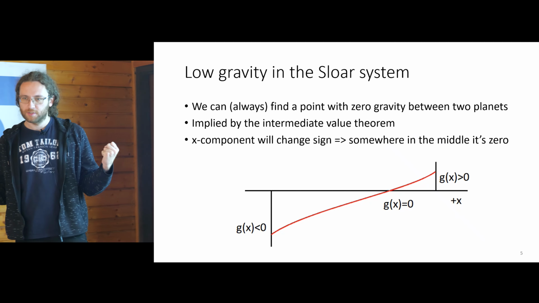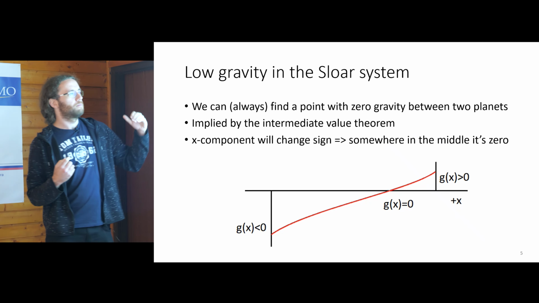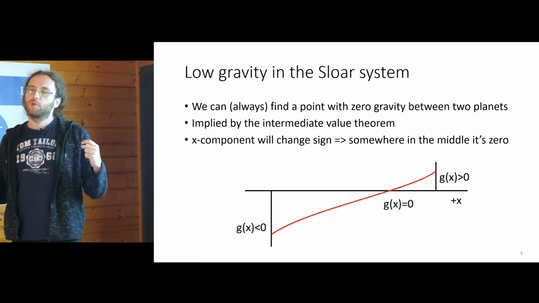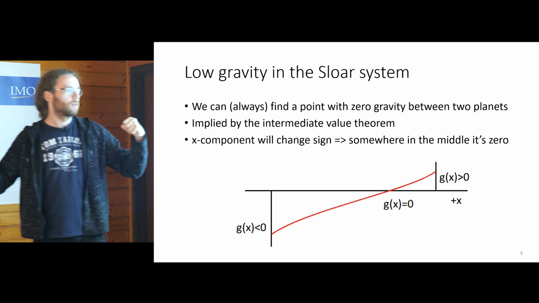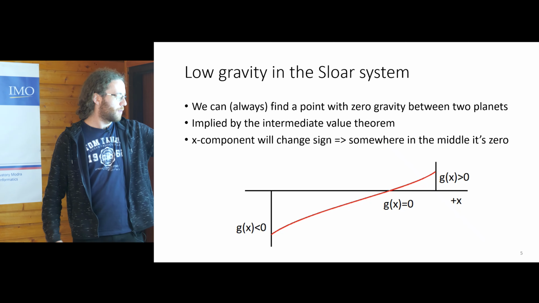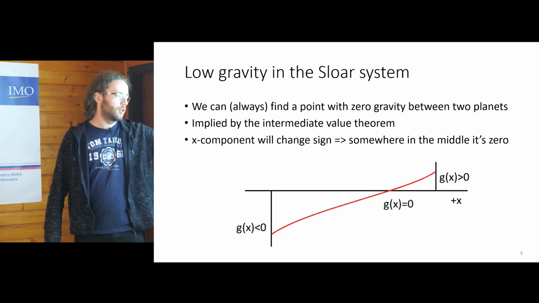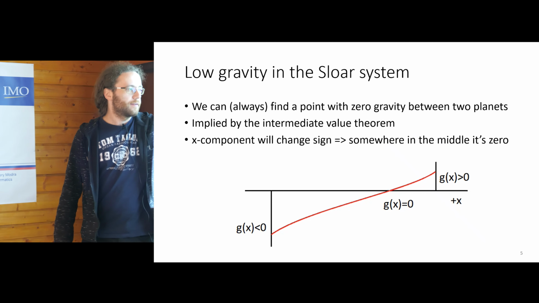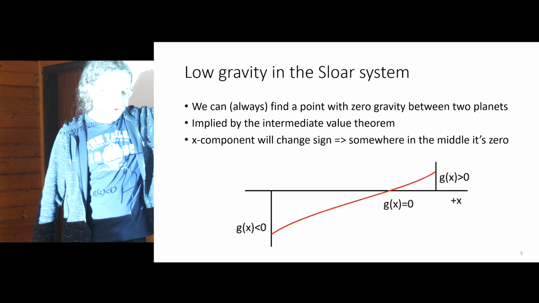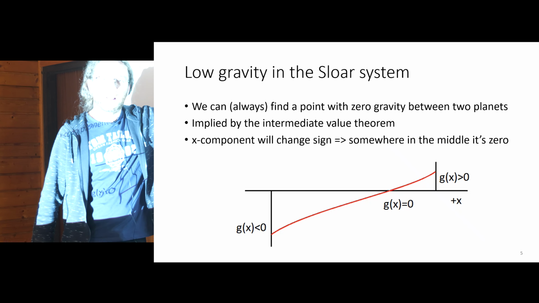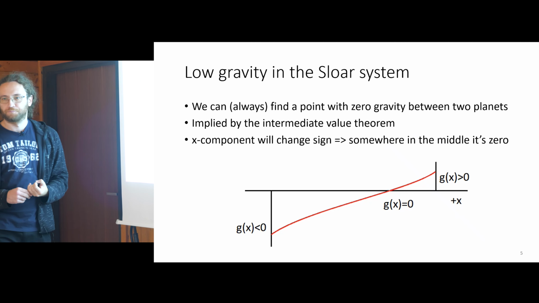If we have two massive objects, we can always find a point with zero gravity between them. This is given by the intermediate value theorem. If those two objects are on the x-axis, then at the boundary of the first object, the x component of the gravitational acceleration is less than zero, and on the boundary of the second object, the x component of the gravitational acceleration is larger than zero, which means that somewhere in the middle we have a point with zero gravity.